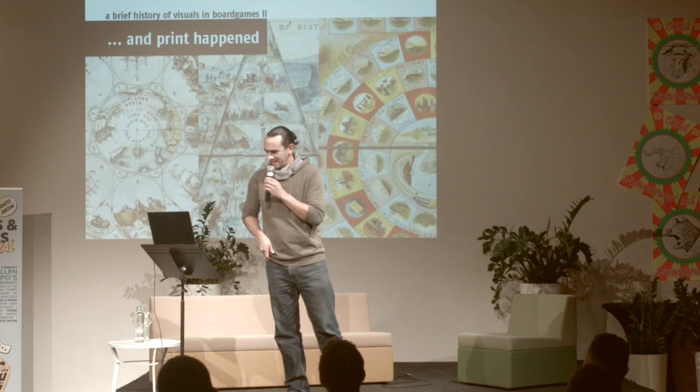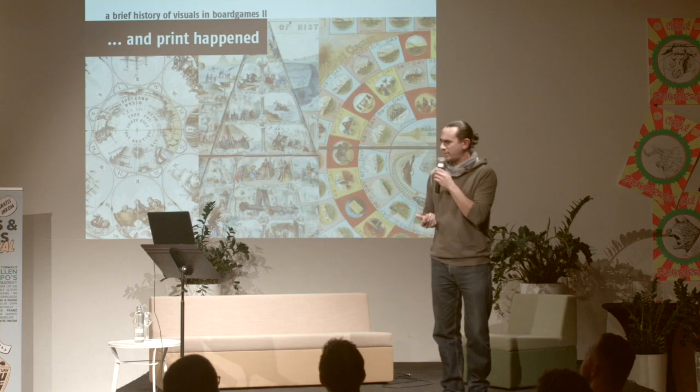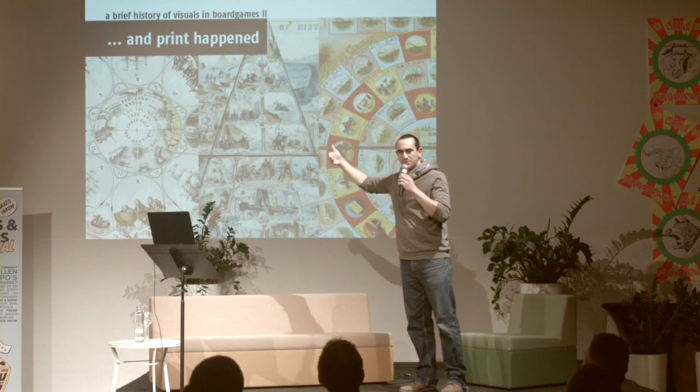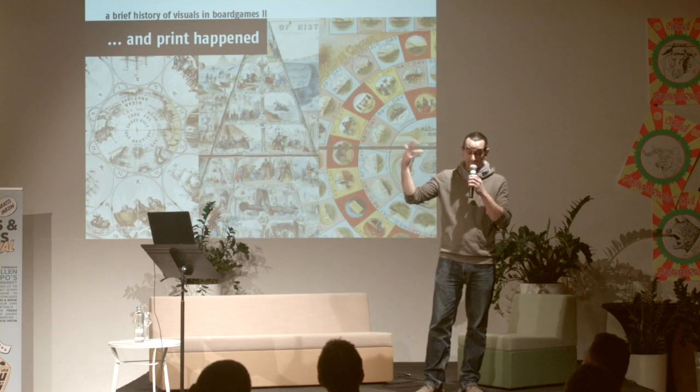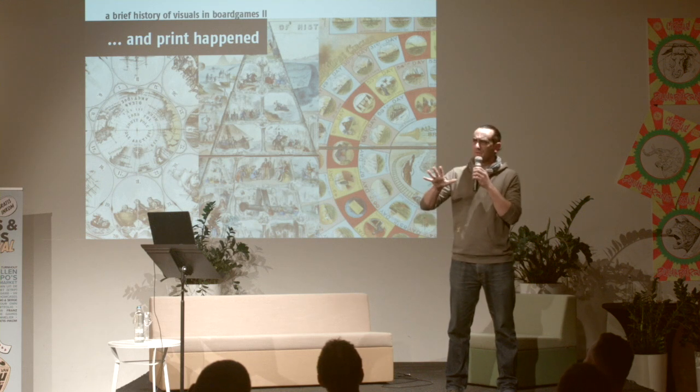It all changed when print happened. There is a collection in the UK that has board games with the game of goose, snakes and ladders, structure for a range of about 300 years.